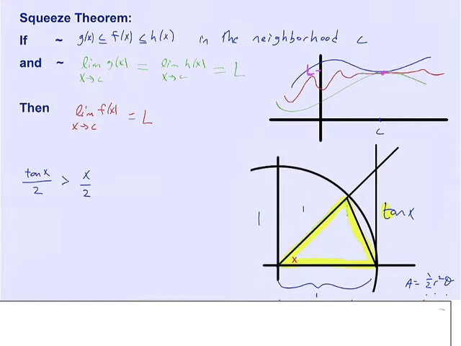And so the area of that triangle would be 1/2 base times height: 1/2, the base is 1, times the height of sine x, or just sine of x over 2. And that triangle is smaller than the circle sector I drew before.